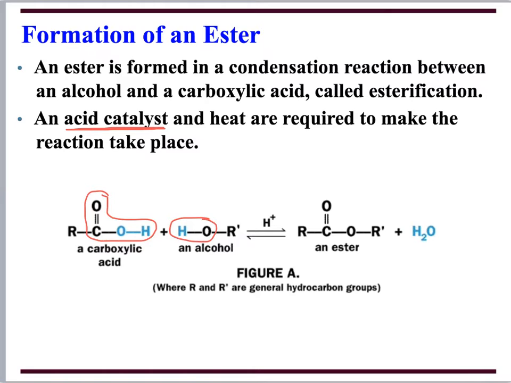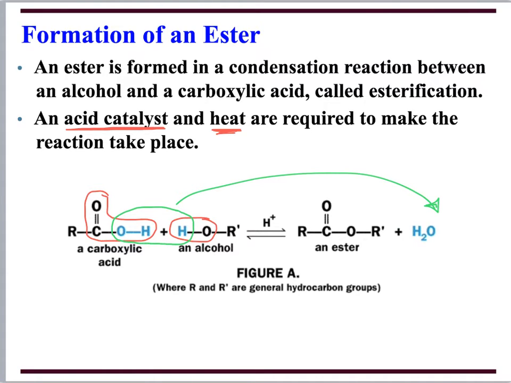So I take a carboxylic acid and an alcohol, add in a super strong acid, and heat it up. What happens is the OH from the carboxylic acid comes off along with the H from the alcohol, and it creates water and sandwiches the other two pieces of the molecule together.